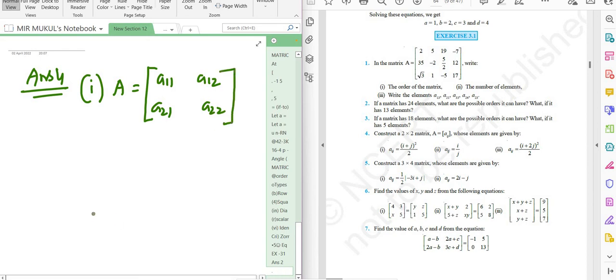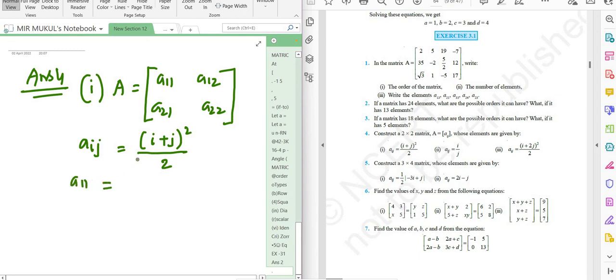The condition given is Aij equals (i plus j) whole square upon 2. Now follow this and find all the elements.